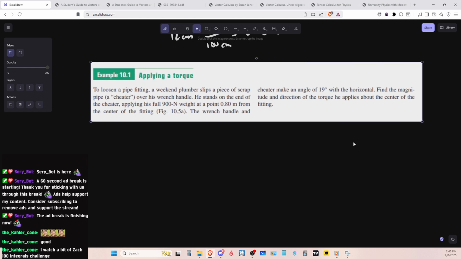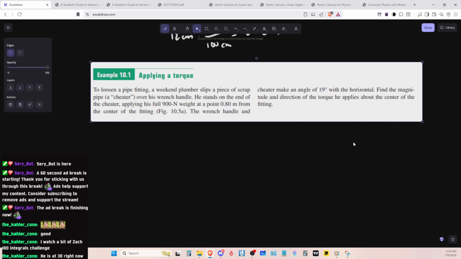Okay, here we go. Let's take a look at this. To loosen a pipe fitting, a weekend plumber slips a piece of scrap pipe, a cheater, over his wrench handle. He stands on the end of the cheater, applying his full 900 newtons weight at a point 0.8 meters from the center.